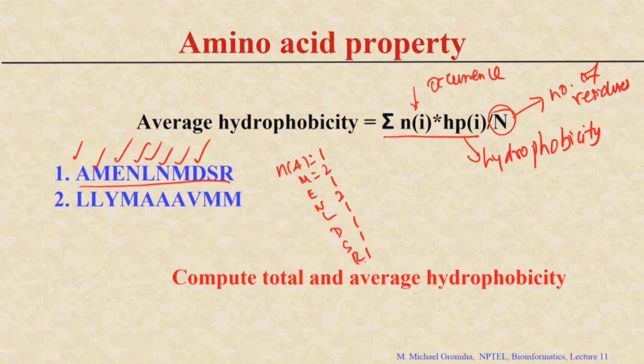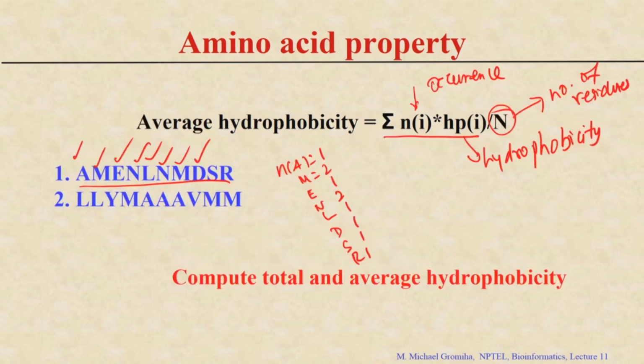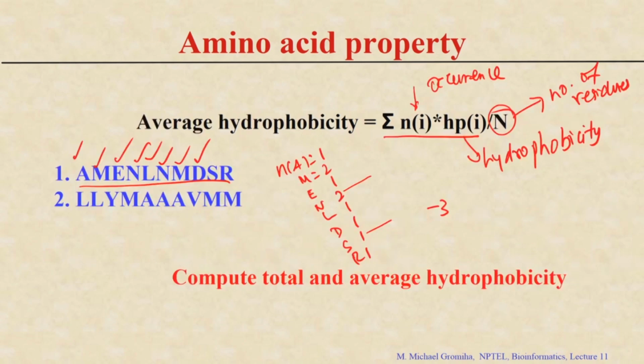So, we group the numbers. If you see back, N P Q S T, S N, that is equal to -1. So, -2 plus -1 is -3, and see this group D E H K R, D E H is not there. So, 1, 2, 3, 3 into 2 equal to -6, and then what else we have?